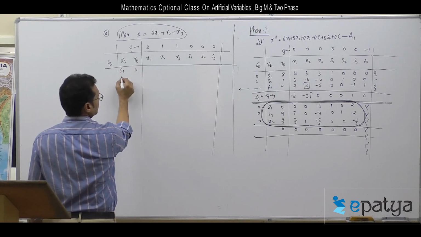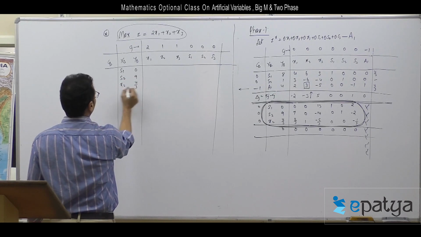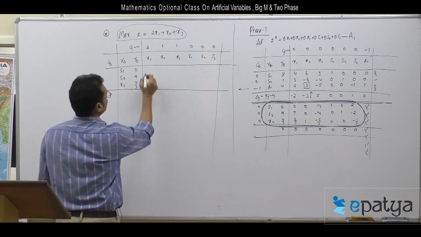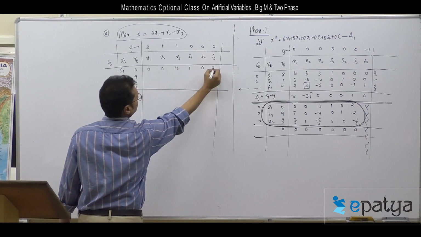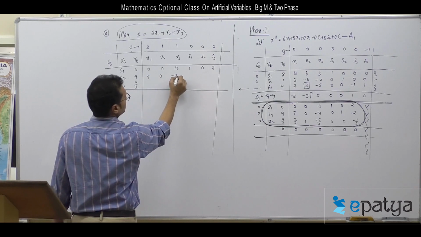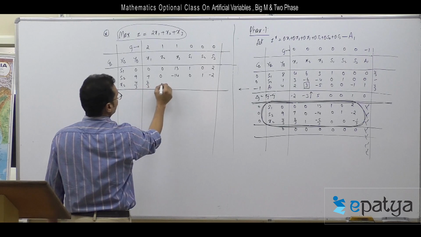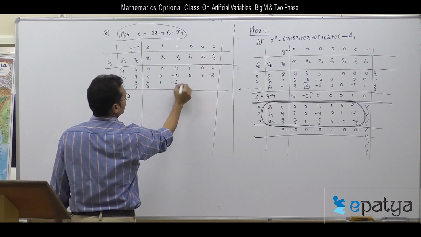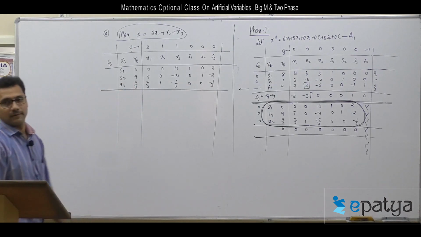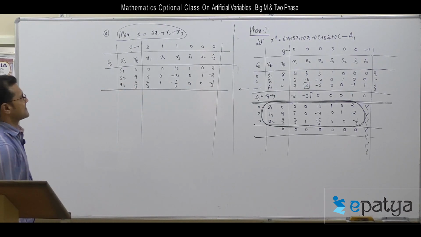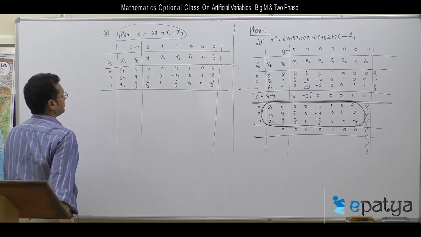S1 equal to 0, S2 equal to 9, x2 equal to 4 by 3. So rows: 0, 0, 13, 1, 0, 2; 7, 0, minus 14, 0, 1, minus 2; 2 by 3, 1, minus 5 by 3, 0, 0, minus 1 by 3.